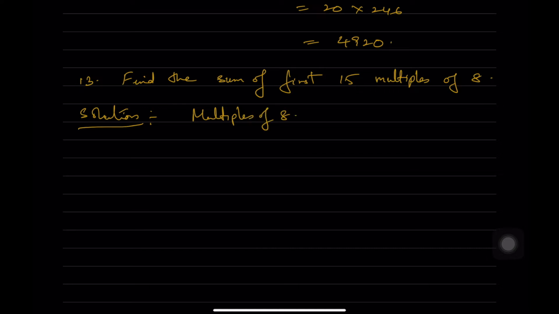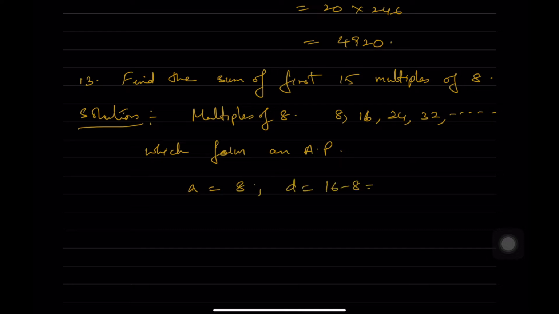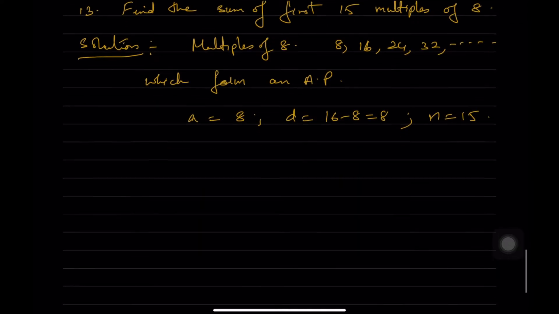Multiples of 8 are what? 8, 16, 24, 32 and so on. So now here, which form an AP? Therefore it is given that A is equal to 8, D is equal to 16 minus 8, which is 8. Then you're having N is equal to 15. We have to find out the sum of 15 terms of this.